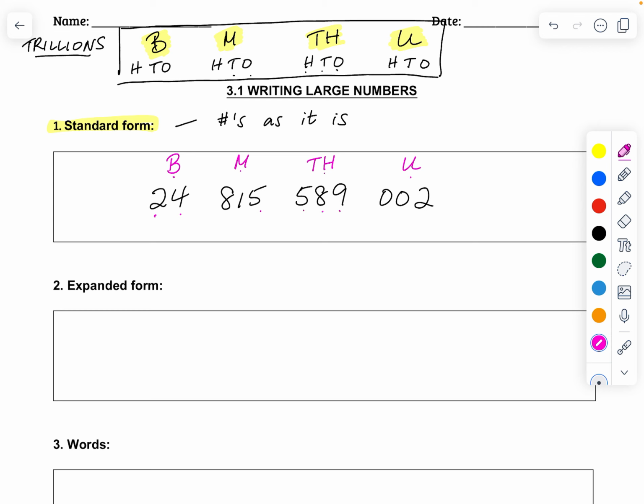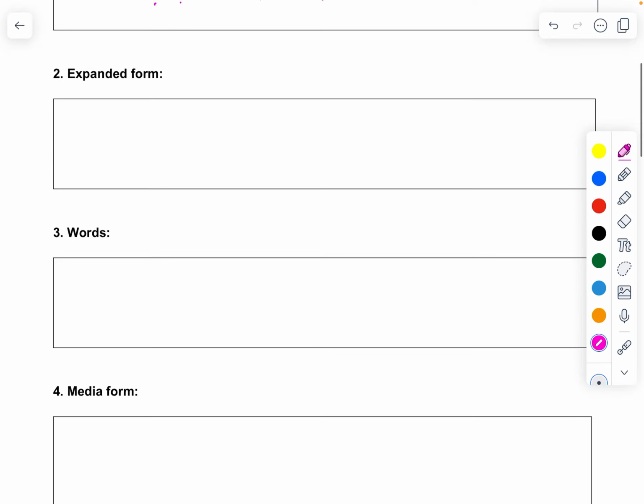We try to avoid using "and" in the middle because "and" is actually reserved for when we use decimals, so decimal points in particular. So that's how you would say it. Again, 24,815,589,002.